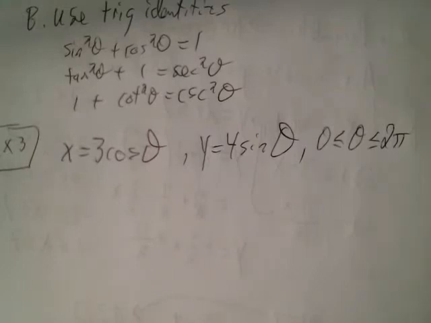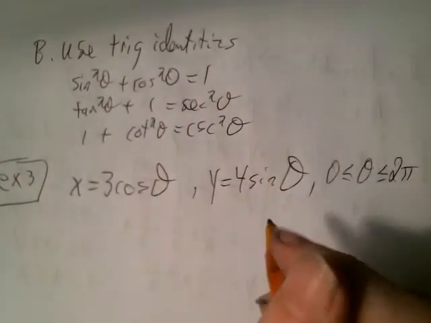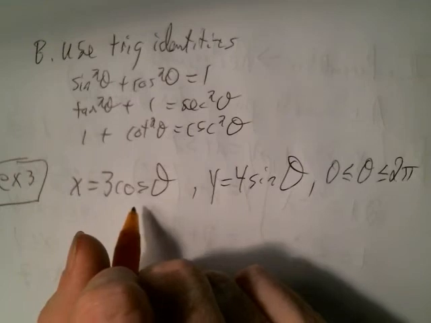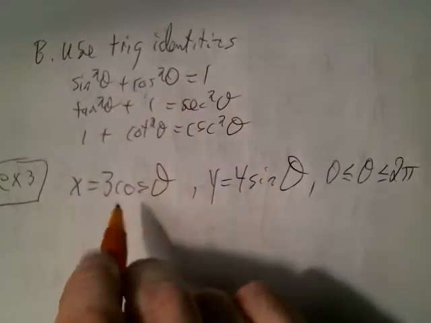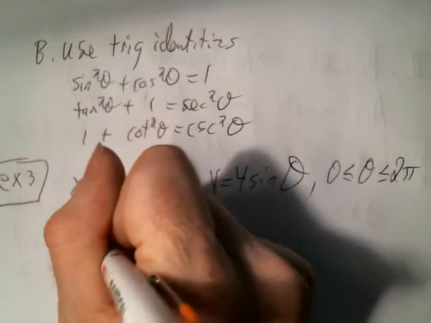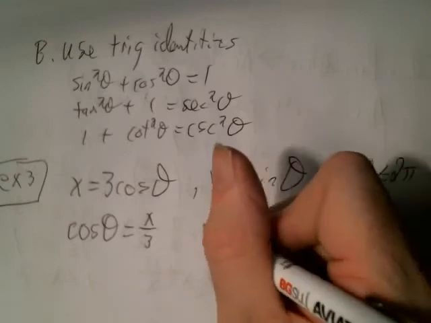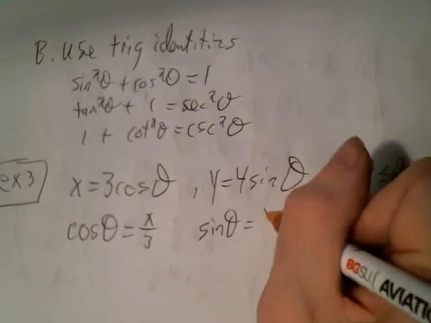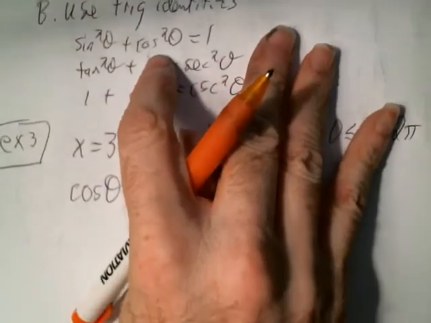Okay, so again, it's not an equation of a line. It's not clear what it is, but you can solve for cosine and sine and then substitute into this expression. So I solve for cosine in terms of x. Cosine theta is equal to x over 3. Solve for sine in terms of y. Sine of theta is y over 4. Right? And then plug this material into this first equation.